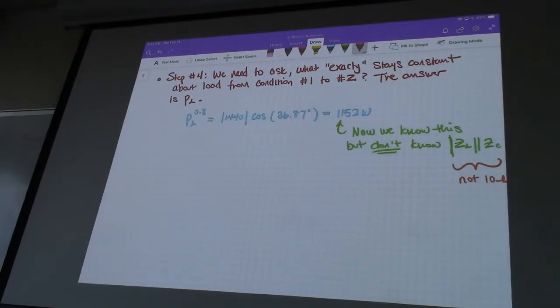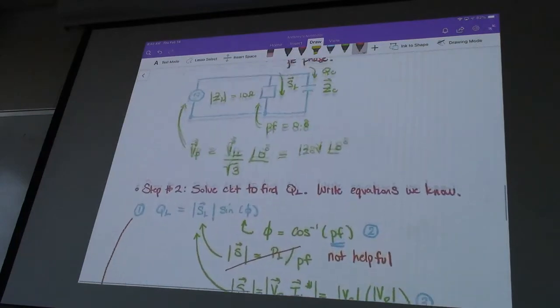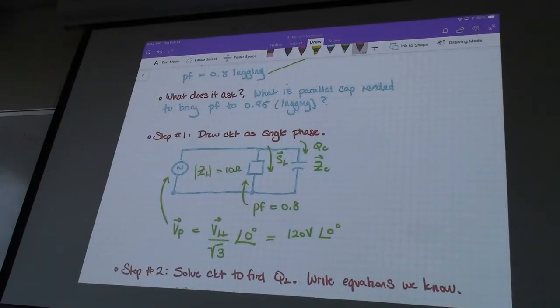In the initial problem definition, we were relying on the fact that the current here was defined by this load impedance magnitude of 10 ohms.